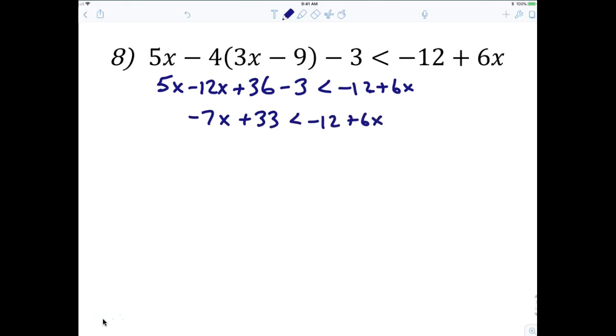Everybody good with that? Now, honestly, I think just moving things around is okay. Is that right so far? So now we're going to divide by a negative, so x is greater than 45/13. Everybody good with that? And if we're greater than, it would be from.